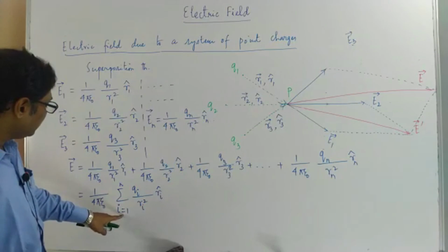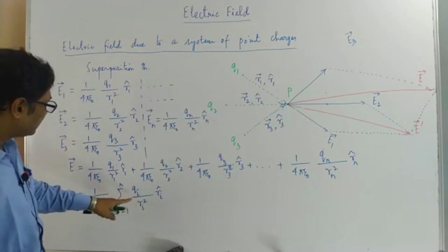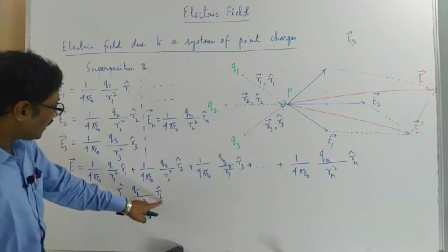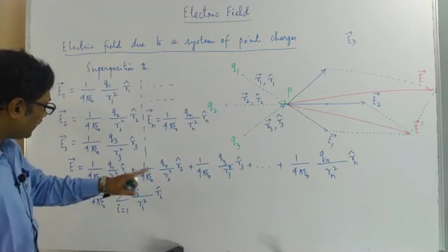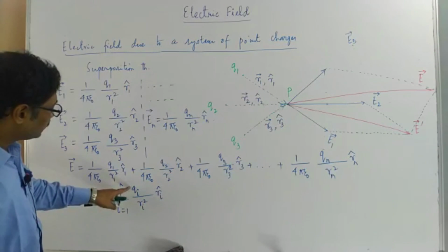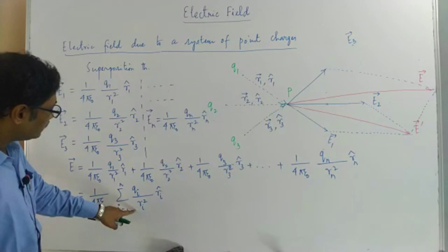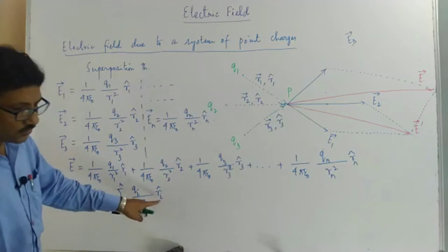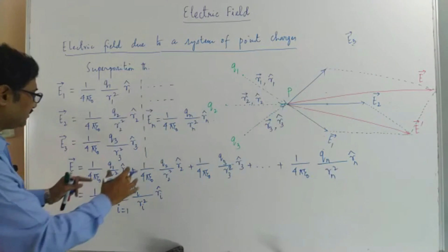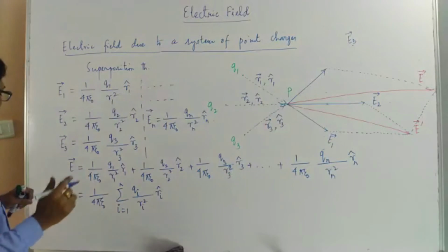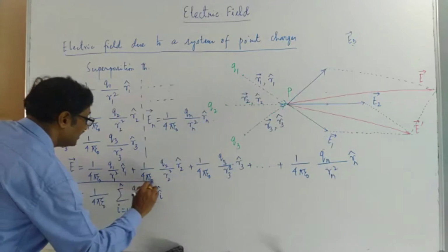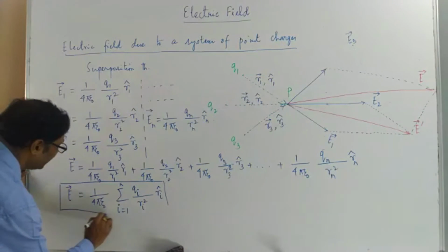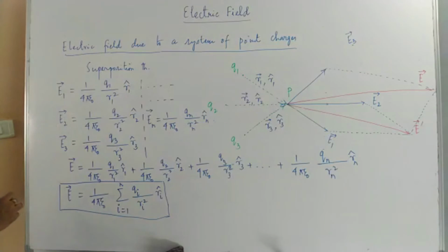When I substitute i equal to 2, the next term will be plus q2 by r2 square r2 cap. If we consider the third term, then i is equal to 3, so I have the third term as plus q3 by r3 square into r3 cap. So this is how you may consider many different terms. This is the expression for electric field due to a system of point charges.